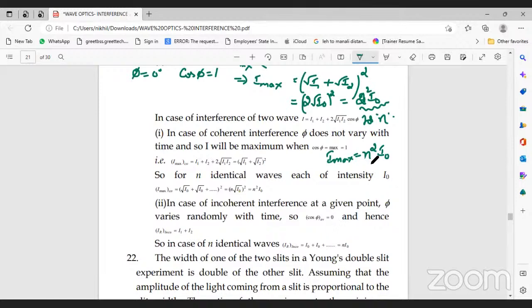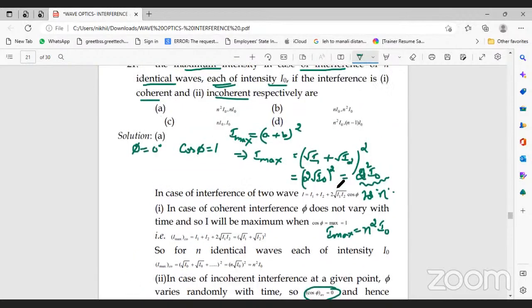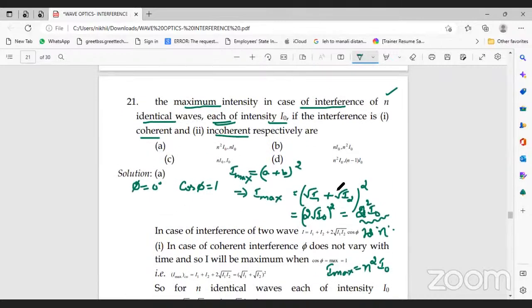For incoherent, the cos phi value should be minimum, that is 0. If I put cos phi as 0, phi is pi by 2, and cos phi will be 0. It will be just I minimum, that is just I1 plus I2.